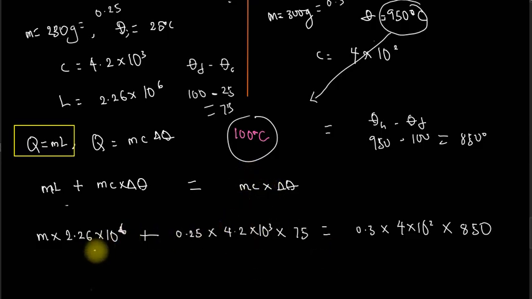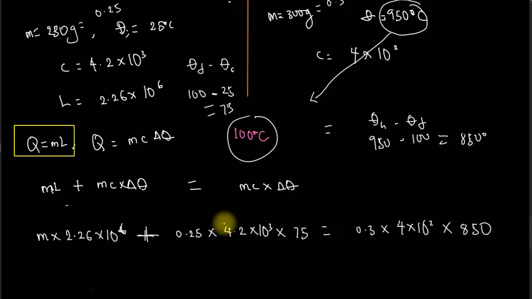So now we just have to simplify. 0.25 times 4.2, or we can just cancel that from both sides. No, that's not going to work. We can't cancel out here because there's a plus sign, unless we collect like terms and then simplify, but let's just multiply 0.25 times 4.2 times 10 raised to power 3.